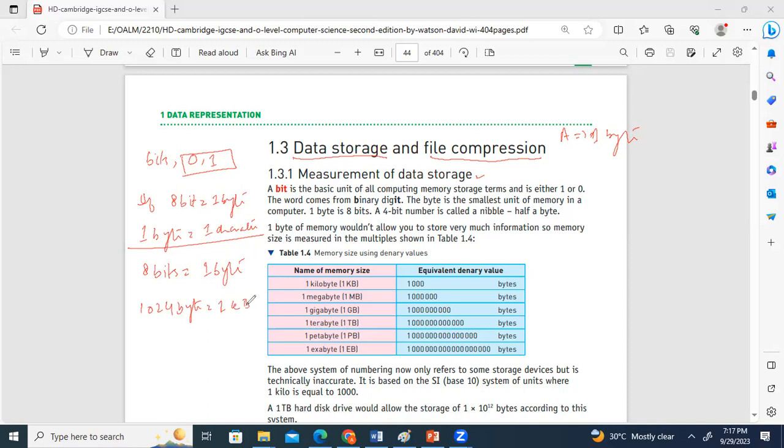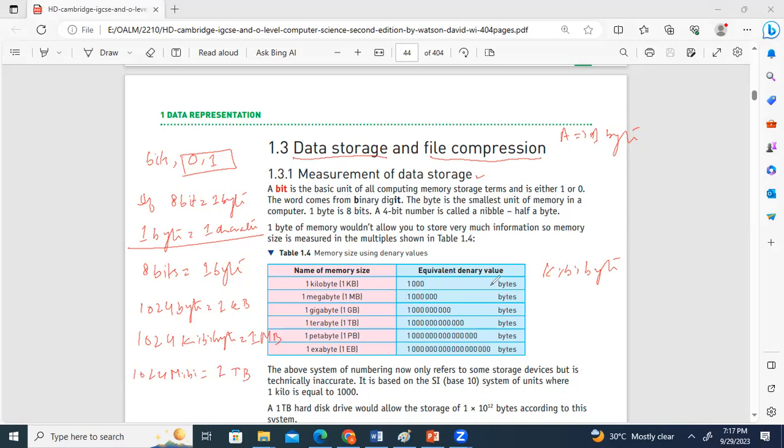Nowadays we call it KB. 1024 KB is equal to 1 megabyte, and 1024 MB is equal to 1 terabyte. Remember.